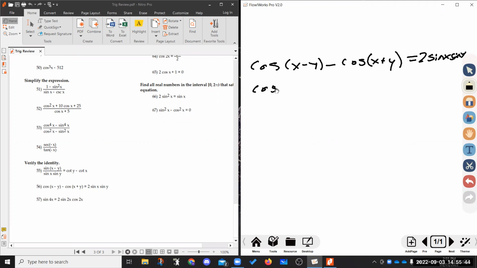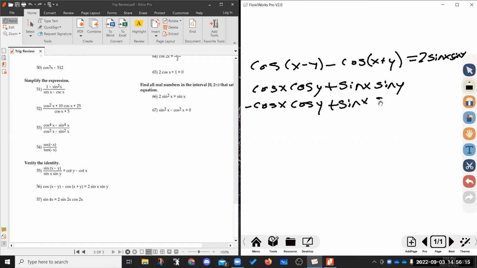Cosine x cosine y plus sine x sine y, minus cosine x cosine y, that's going to be negative, and then this normally would be negative, so it's going to become positive because of the subtraction.